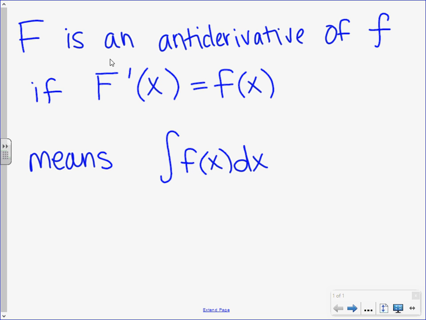Here's our new notation. This is an integral symbol, and it means take the antiderivative.